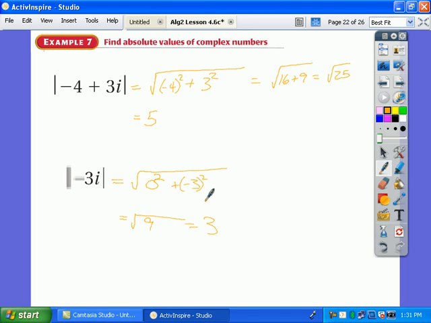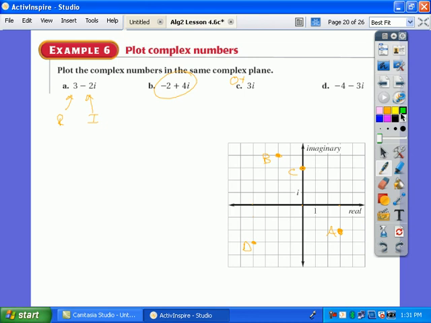The other idea that I want to show you is let's think graphically about where this point -3i would be. Okay, so I'm going to go back to the graphing slide. Hang with me for just a moment. The point -3i should be right here, right? And remember that the absolute value is just the distance from the origin to the point.